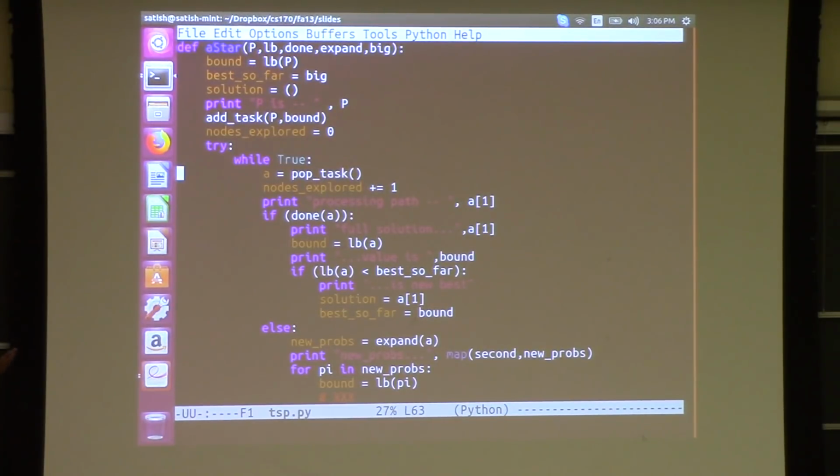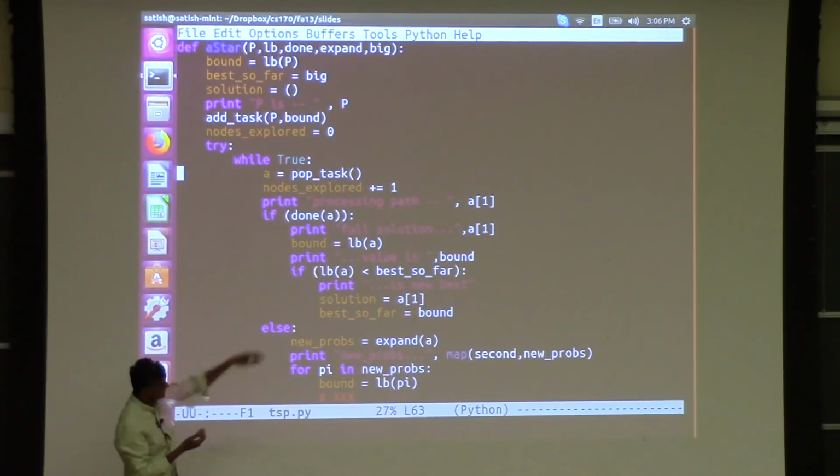Popping this pop task, it's pulling stuff off the list of problems. It's adding stuff to the list of problems somewhere. It maps the extending thing. So this is generic. There's a lower bound of whatever the problem is.